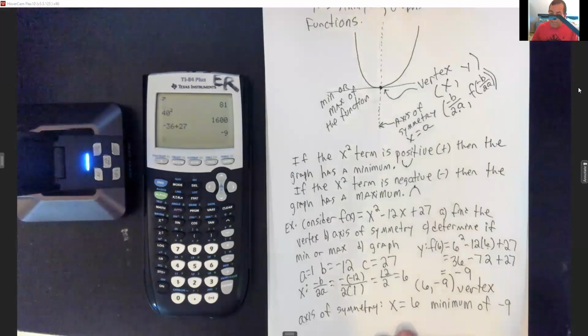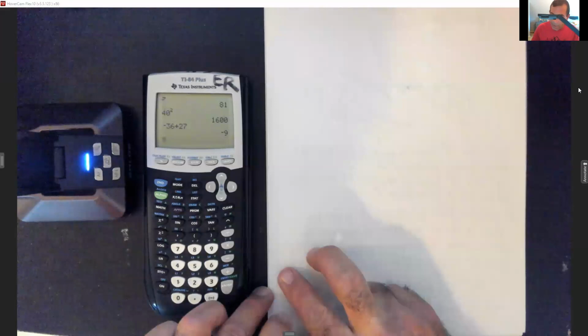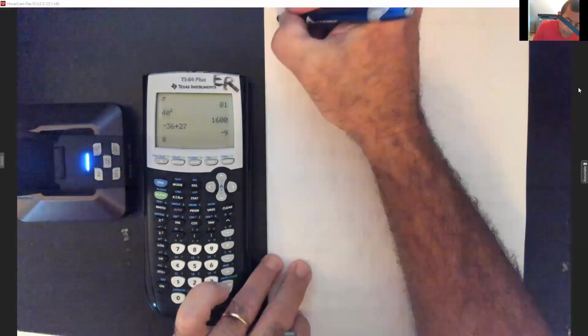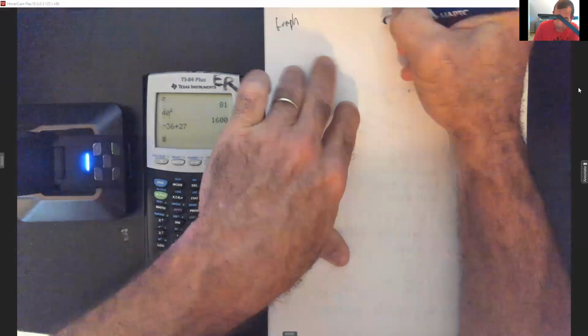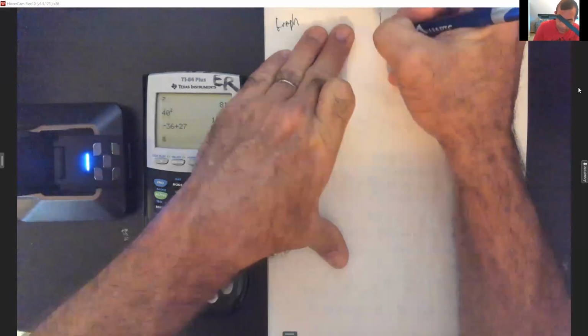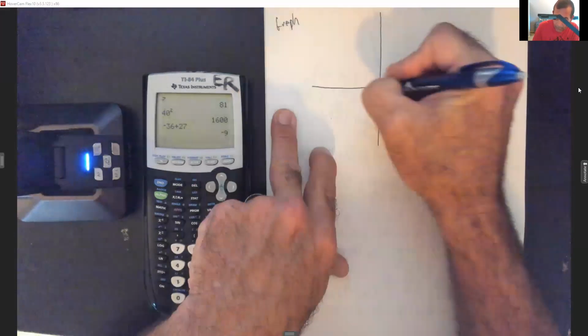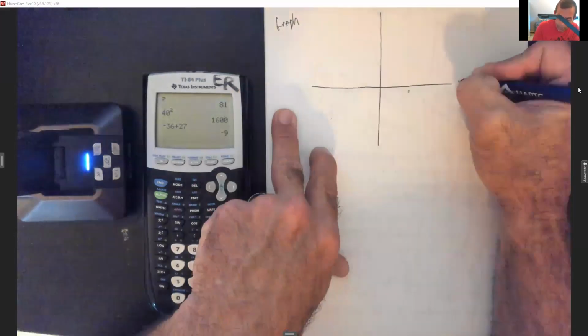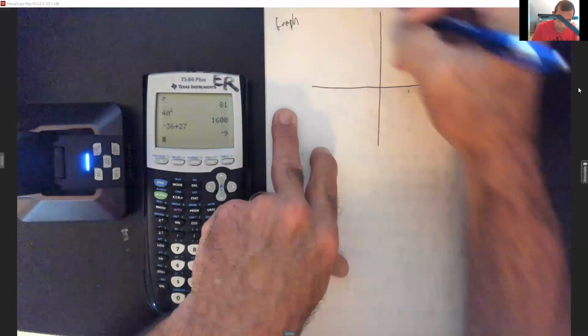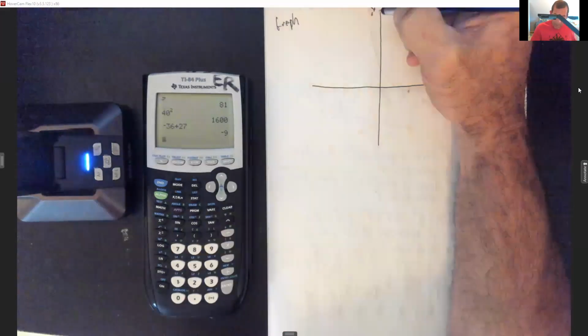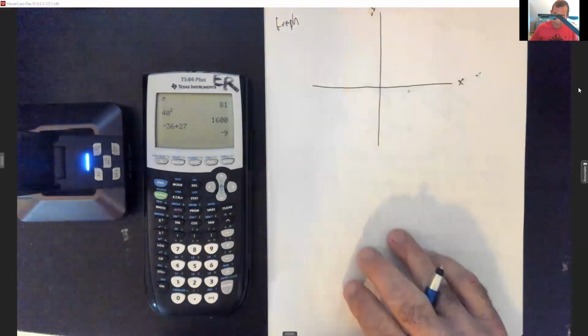So if I was going to graph this, let's make a chart here. All right, so let me find my vertex again on that last page. My vertex was 6, negative 9.